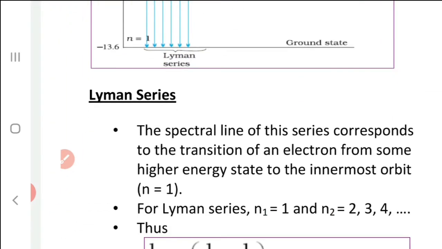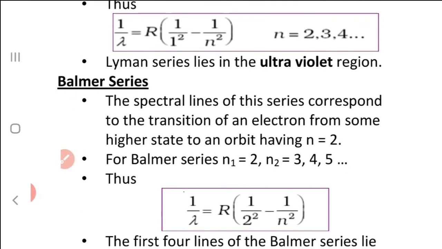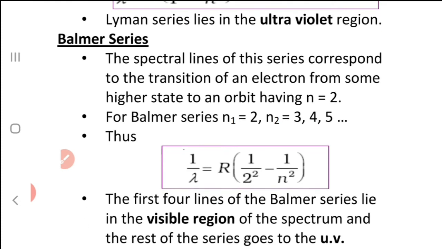So in Balmer series, we can say n1 equal to 2 and n2 equal to 3, 4, 5, etc. And the equation takes the form 1 by lambda equal to R into 1 by 2 square minus 1 by n square, where n can take values like 3, 4, 5, etc.